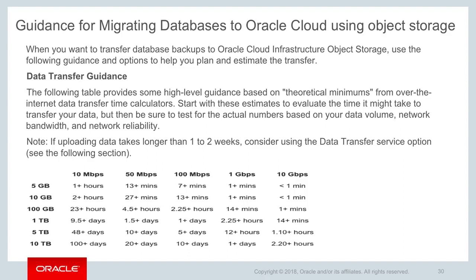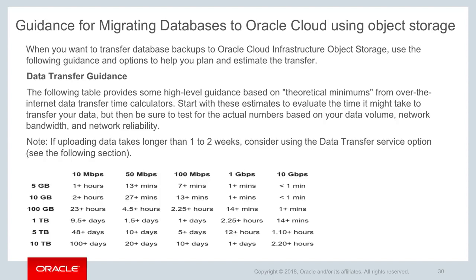When you want to transfer database backups to Oracle Cloud Infrastructure Object Storage, use the following guidelines and options to help you plan and estimate the transfer. The table that we have provided below gives you high level guidance based on theoretical minimums from over the internet data transfer time calculators.